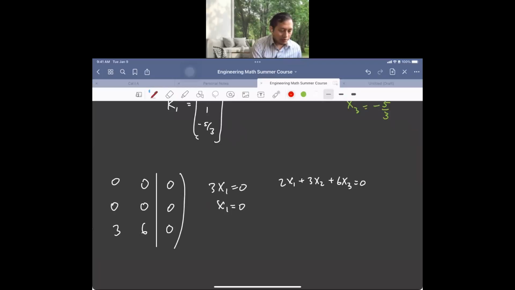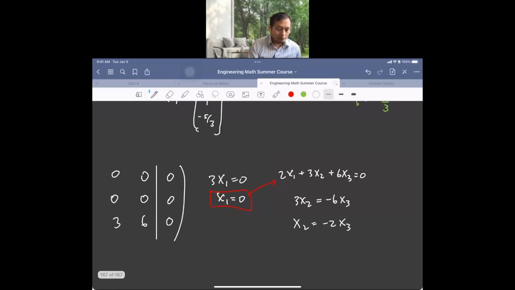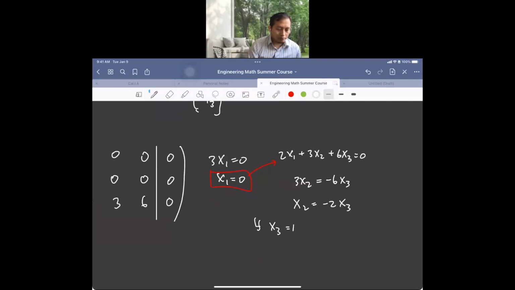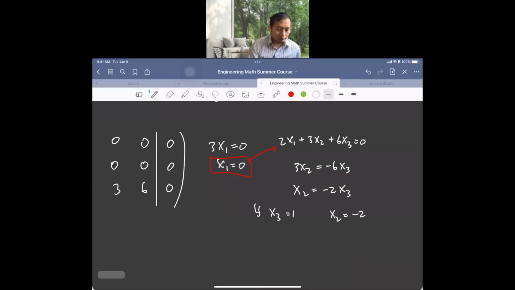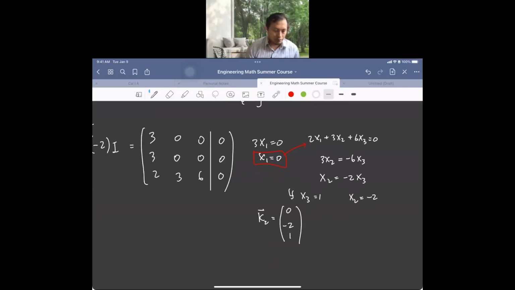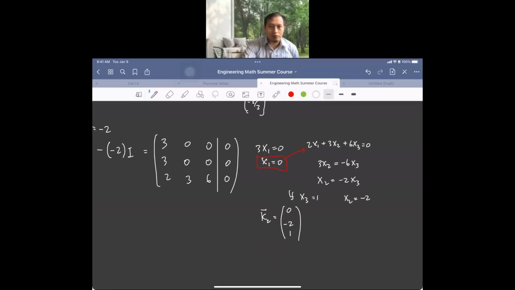Let's just take x1 to be 0 here. So we will have 3x2 equals 6x3, so x2 is negative 2x3. If x3 is 1, then x2 is negative 2. So we can have our k2 as 0, negative 2, and 1.